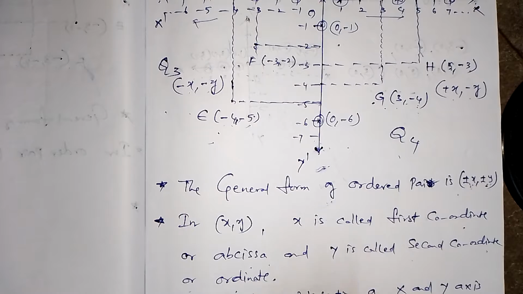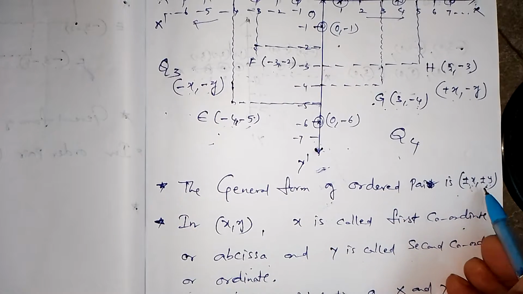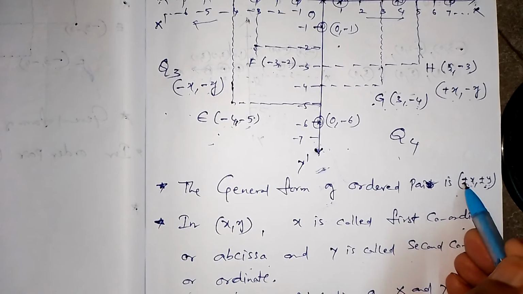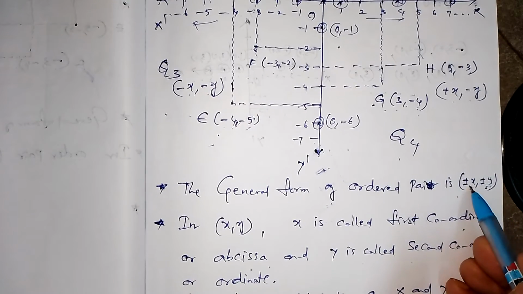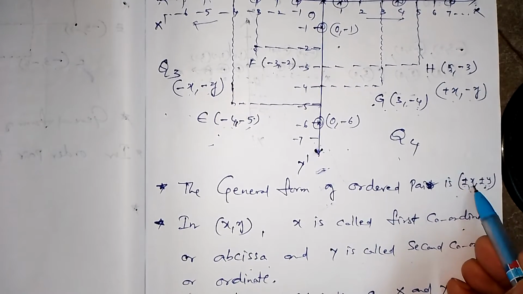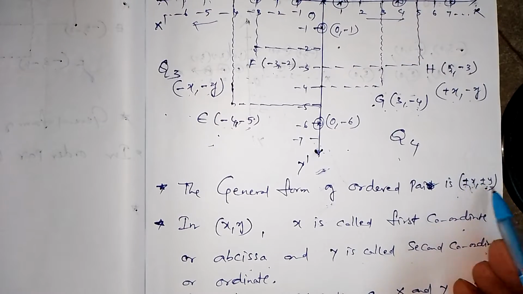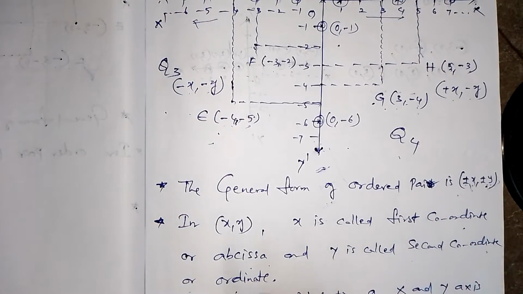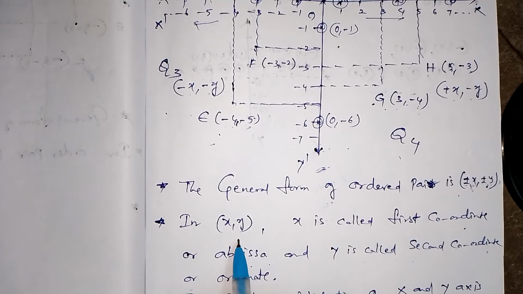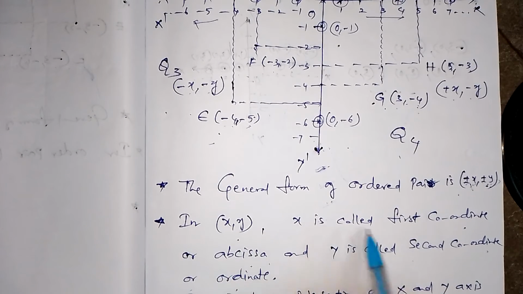The first value is the x coordinate and the second value is the y coordinate, either plus or minus, so I wrote plus or minus x comma plus or minus y in brackets. In (x, y), x is called the first coordinate or abscissa, and y is the second coordinate or ordinate.